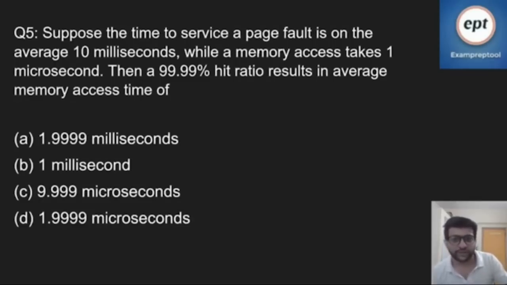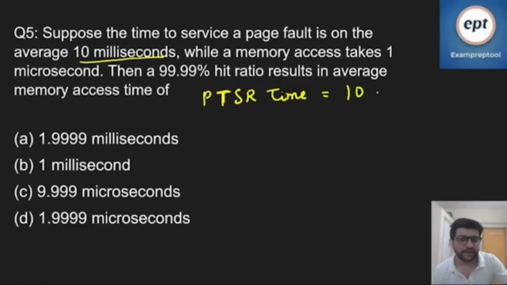So suppose the time to solve a page fault is on an average 10 milliseconds, right? So we have been given that the page fault time, the time to solve the page fault, is equal to 10 milliseconds, and a memory access takes 1 microsecond, so the time to access the memory is 1 microsecond.